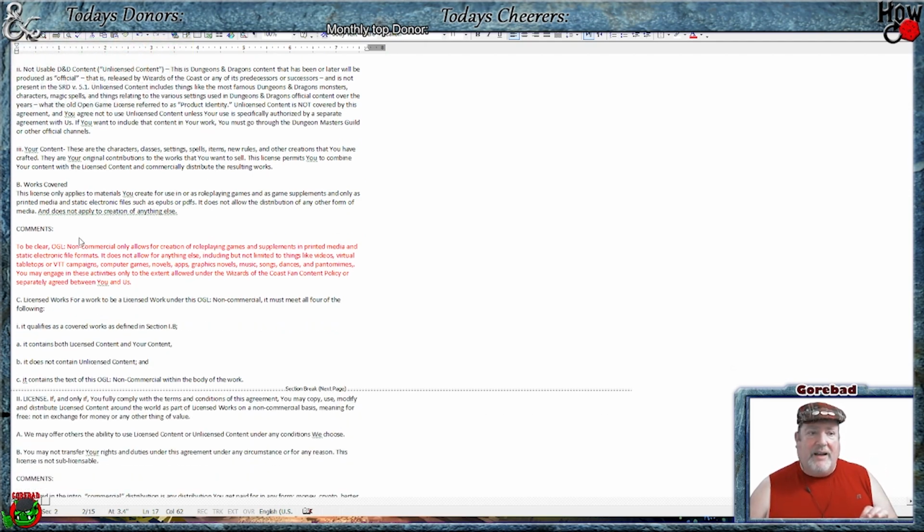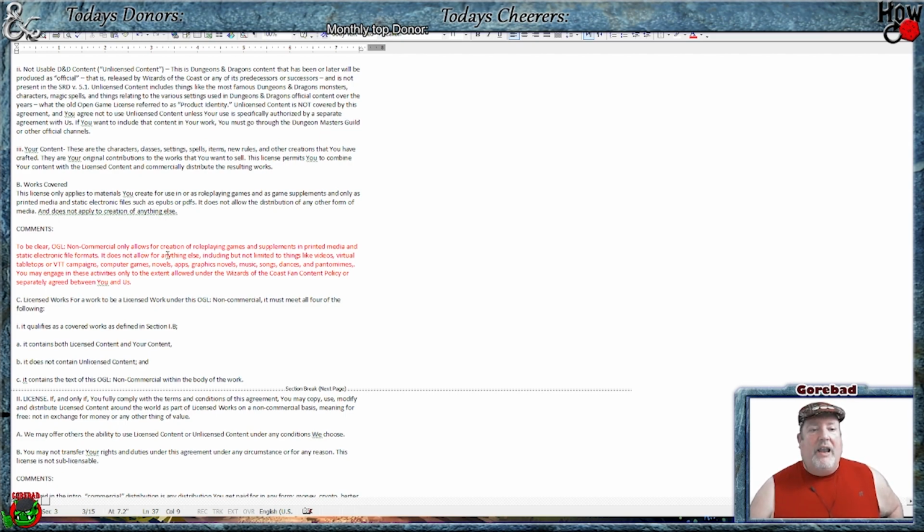But on top of that, we move to this statement. To be clear, the OGL, now again, we're talking 1.1, not 1.0A, because again, different world when it was created, these things didn't apply. But now the OGL says, To be clear, OGL non-commercial only allows for creation of role-playing games and supplements in printed media and static electronic file format.